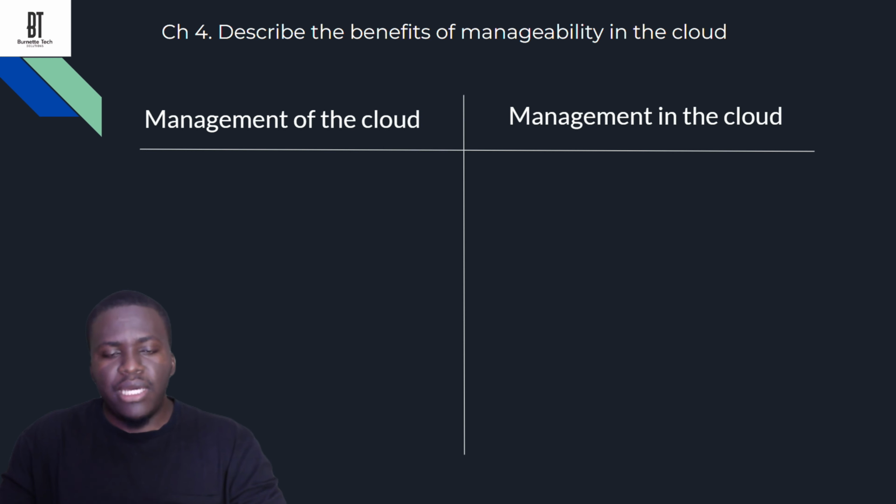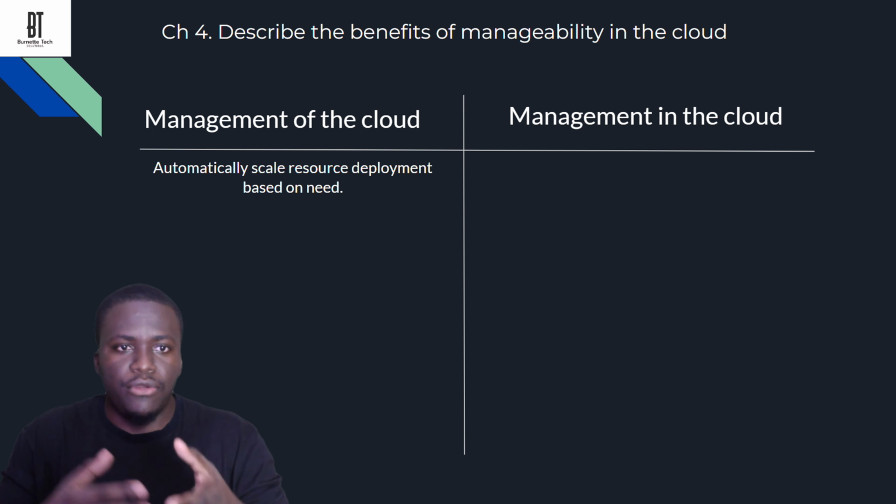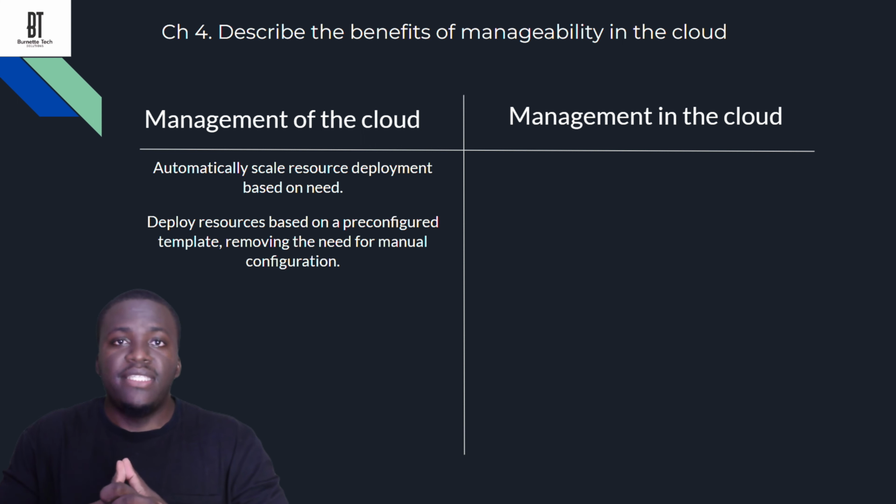When you're thinking of management of the cloud, you're talking about being able to automatically scale resource deployments. Another benefit is that you can deploy resources based on a pre-configured template, so you don't have to manually configure every single resource.